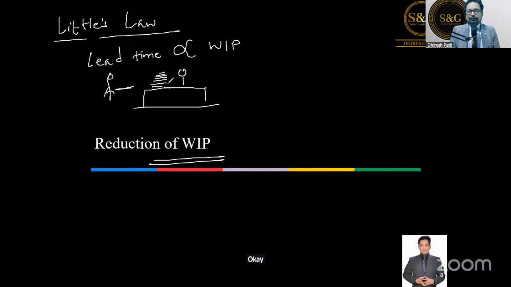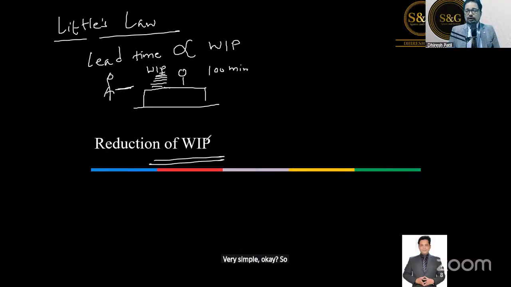Every file takes 10 minutes, so this person would take 100 minutes before even getting to your file. So this is WIP. The more the WIP, the more the lead time, the more the waiting time. Yes or no? Very simple.